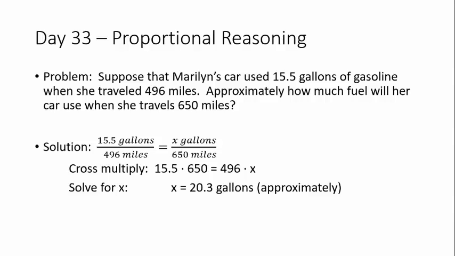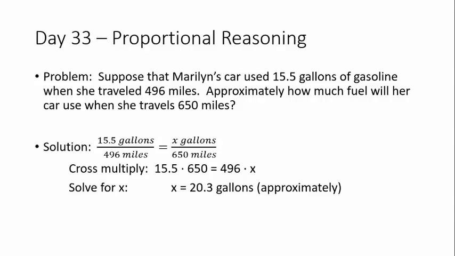We want to move now to proportional reasoning. Proportional reasoning is a concept that begins in elementary school and it continues all the way through high school. Here's a problem. Suppose that Marilyn's car used 15.5 gallons of gasoline when she traveled 496 miles.